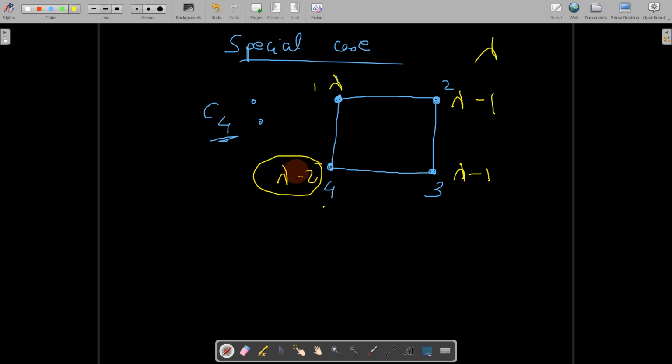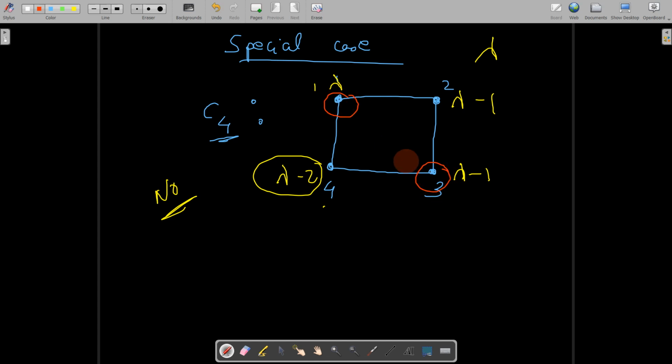But is this the right answer? The answer is no. This is not the complete answer. Here you are going wrong. Note this very important case. Vertex number 1 and vertex number 3 are not adjacent, so there can be two cases.